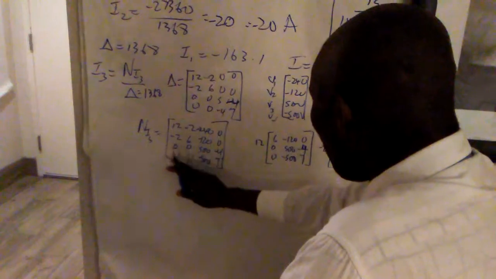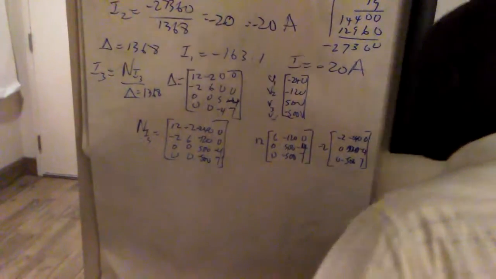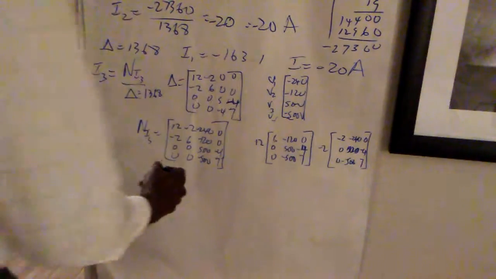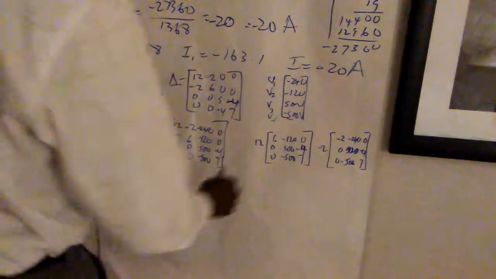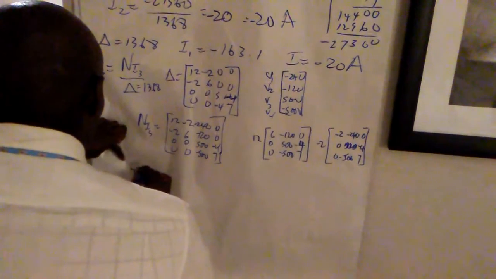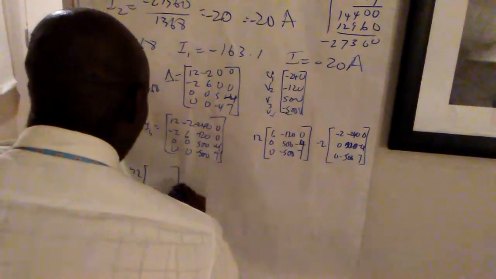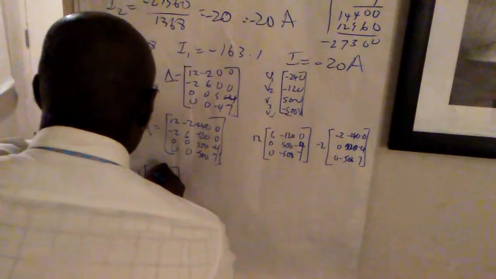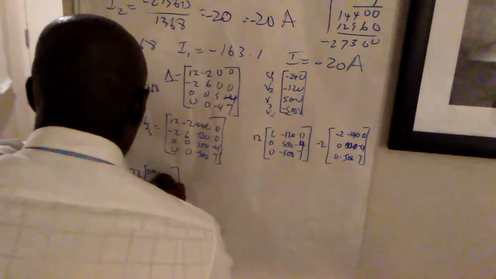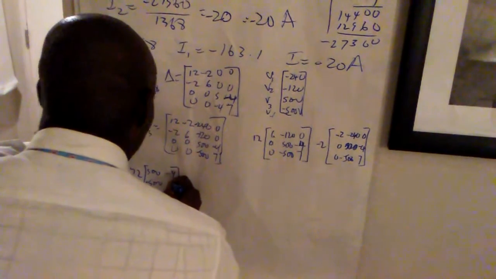The rest would now drop out because 0 multiplied by anything would be 0. No matter what is in this matrix, 0 multiplied by anything would be 0. And this one will also drop out. So N I3 would be equal to 12 times 6, which is 72, times the determinant of 500, minus 500; minus 4, 7.